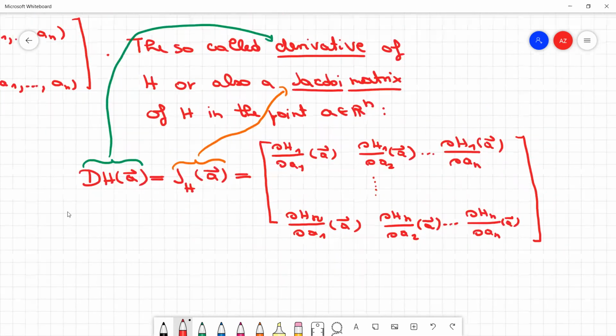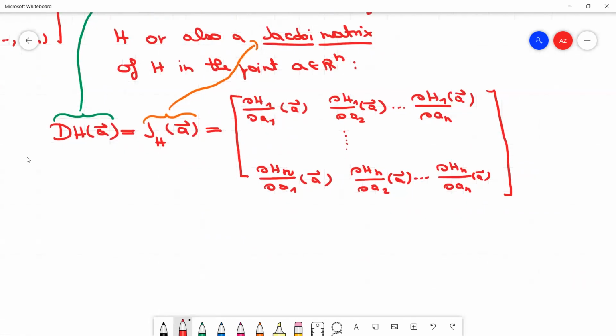Another way to say what the Jacobi matrix is: it is the matrix where the rows are gradients of the coordinate functions. The first row is the gradient of the function h1, then the second row is the gradient of the function h2, and so on, and the last is the gradient of hn.